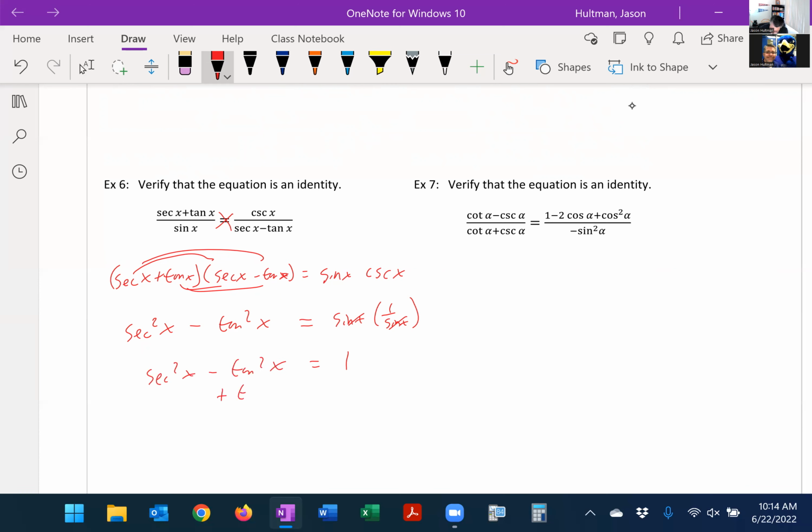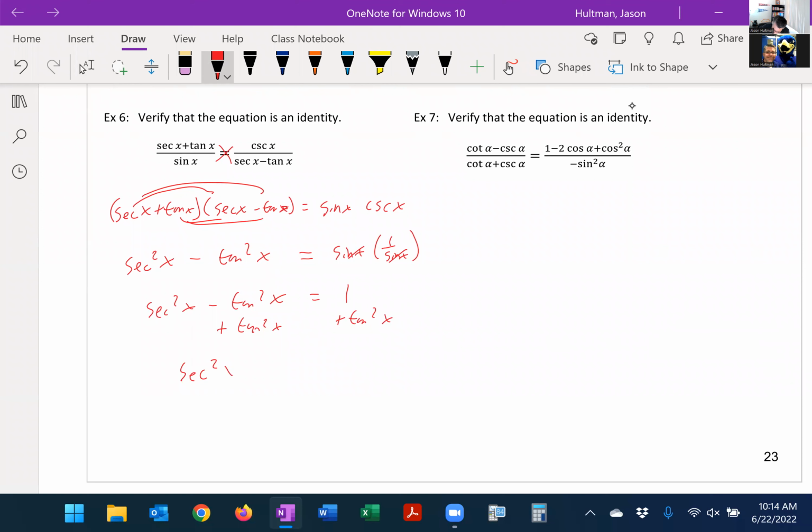And so I'm going to add tangent squared x to both sides. And I get secant squared x, does that equal 1 plus tangent squared x? And once again, this is a fundamental identity. Secant squared x equals 1 plus tangent squared x.